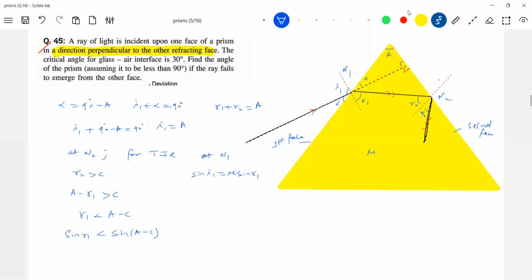So sin R1, I can write as 1 by mu sin I1 equal to sin R1. So this is equation 1, this is called equation 2. Substitute 1 in 2.